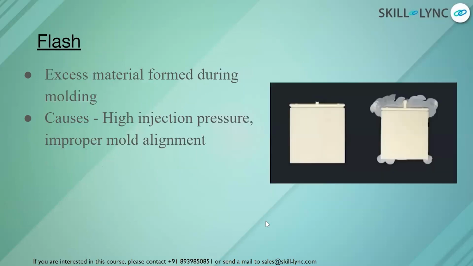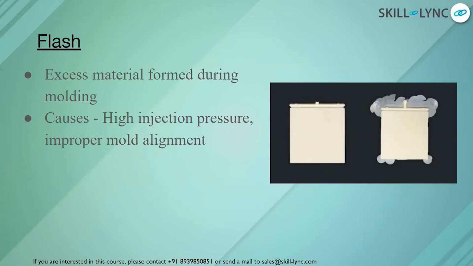Coming to the next part, which is flash. Flash is a major concern with respect to excessive material forming during molding in the parting surface area. The plastic material moves out from the area where the core and cavity meet. This is basically because the molds are not closed properly, or because of improper mold alignment, or the injection pressure is more than the clamping pressure.